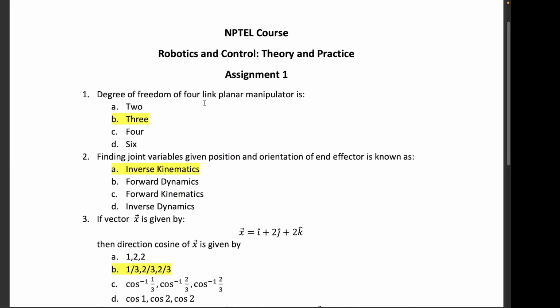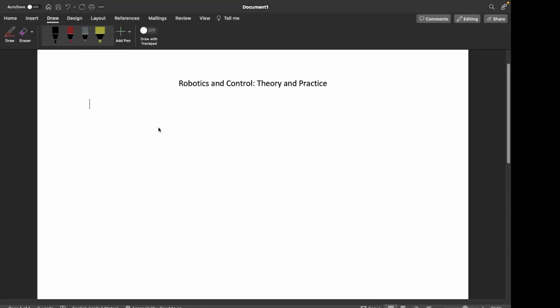So the only thing to notice here is that intuitively it might feel that the answer should be 4, but we are considering the base link also here. So if you just create a manipulator, pardon my bad drawing, I'm getting used to this.